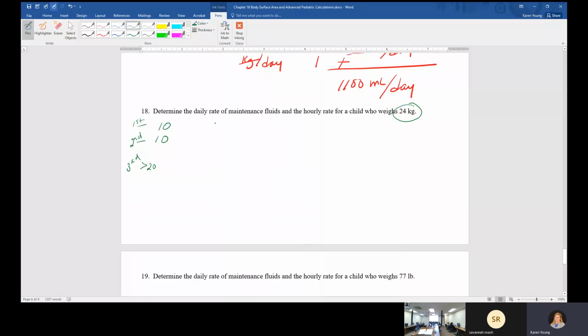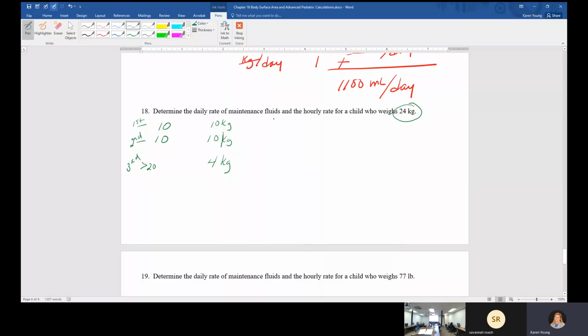So for the first 10, he gets 10 kilograms. The second 10, he has another 10 kilograms. And then he has 24 kilograms, so we've got 4 kilograms that's greater than 20.